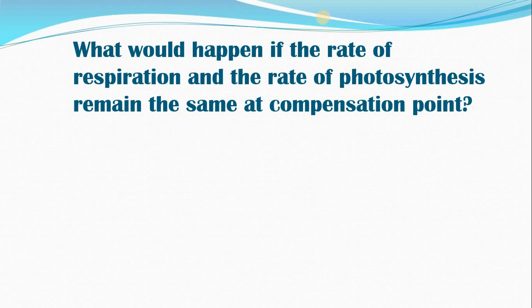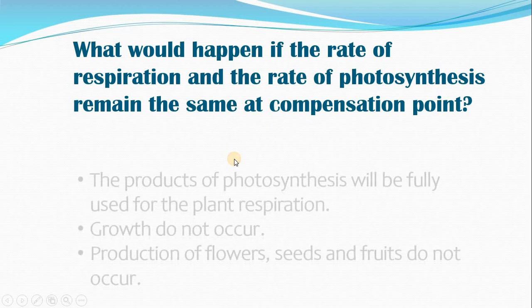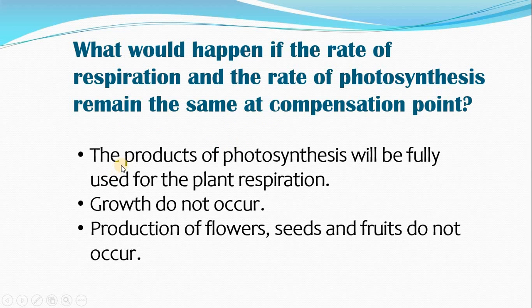Okay, what would happen if the rate of respiration and the rate of photosynthesis remain the same at the compensation point? What do you think? The products of photosynthesis will be fully used for the plant's respiration. So what happens to the growth?